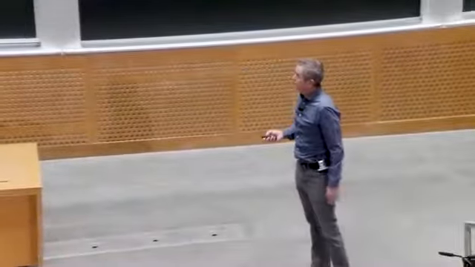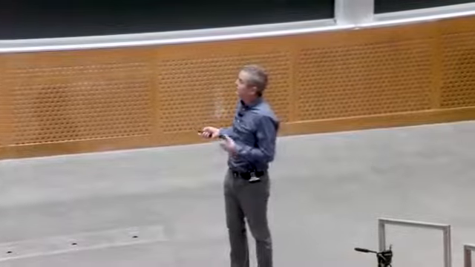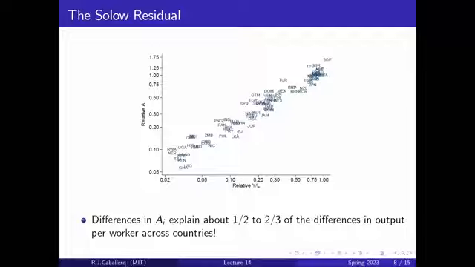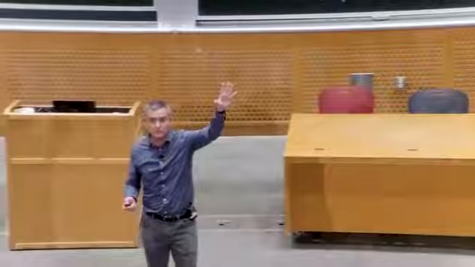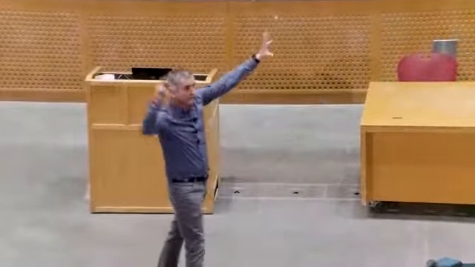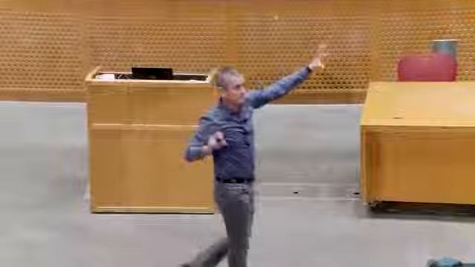So the next step was to say, okay, let's measure the difference in technologies across the world. And it turns out that if you go out there and you measure the level of technology across the world, different places, Zimbabwe, Singapore, South Korea, and so on and so forth, and then you plot the level of technology that countries have against their output per worker, you explain a big share of it.